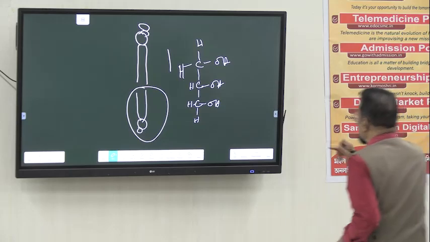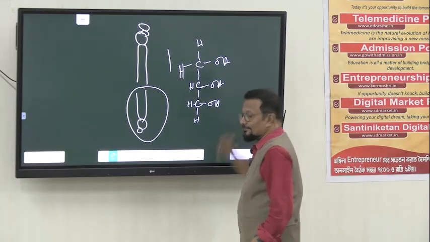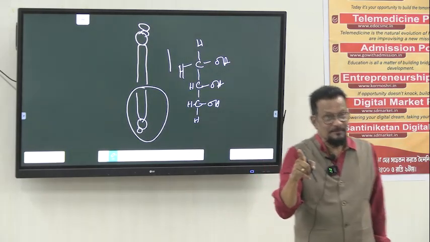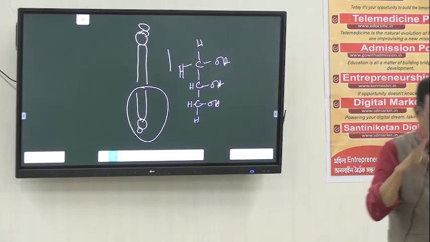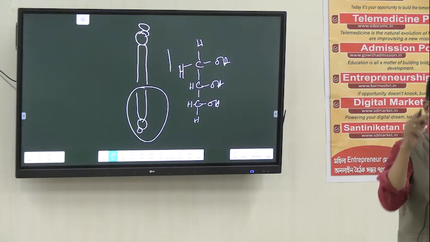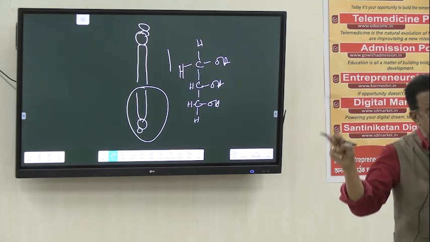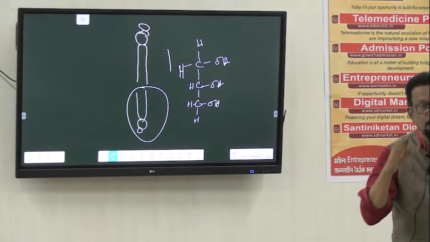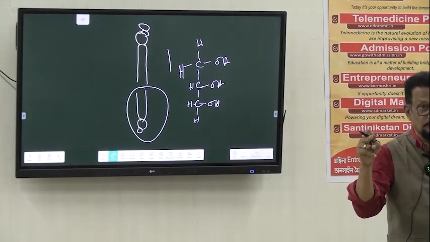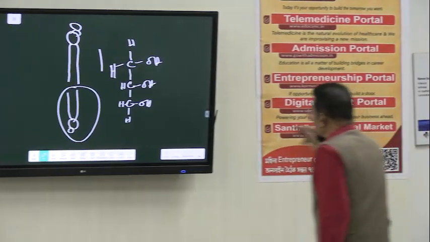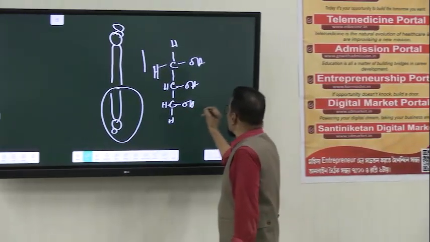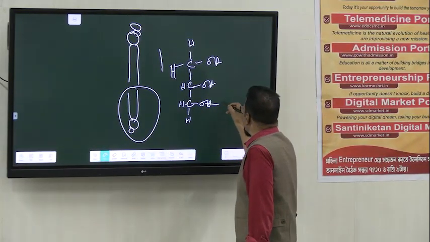So now fatty acids can join. All the fatty acids must have an acidic group, and these acidic groups are actually carboxylic groups. Through the formation of an ester bond, this can combine with a fatty acid.